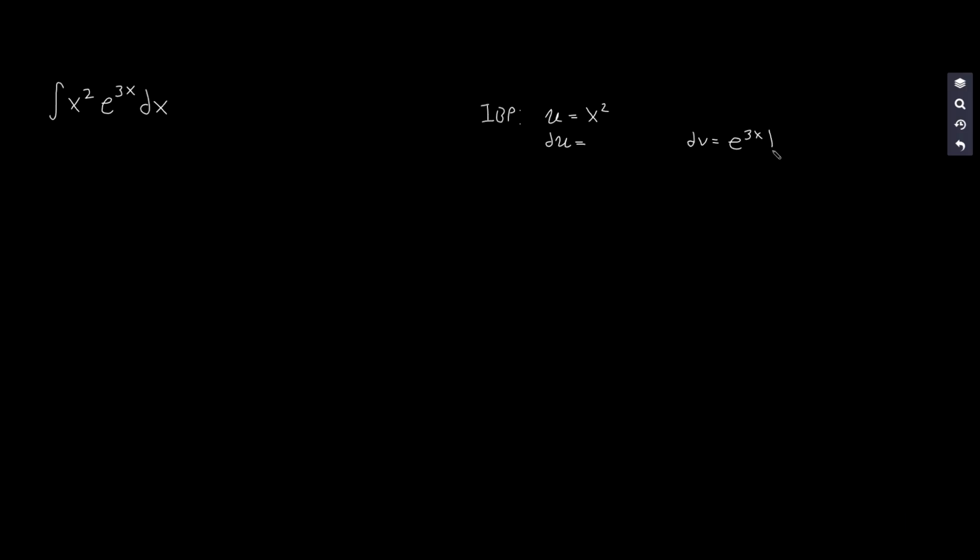Well, the derivative of x squared is going to be 2 times x, and then the integral of e raised to the power of 3 times x equals, let me write out the formula for it so we can see what's going on.